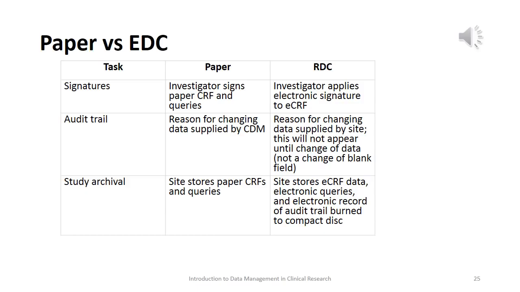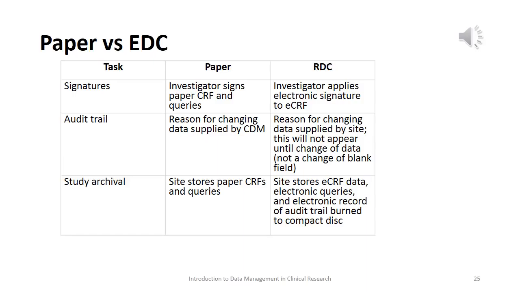Then for audit trails, for a paper system, we probably need to identify the reason for changing data. It's applied by clinical data management. Also remember that when we make a change, we want to just mark through it with a single mark, and then initial and date when that change was made, so that you don't obscure it. Then with the EDC system, the reason for changing the data is supplied by the site, and we can know through our audit trail who performed that change.